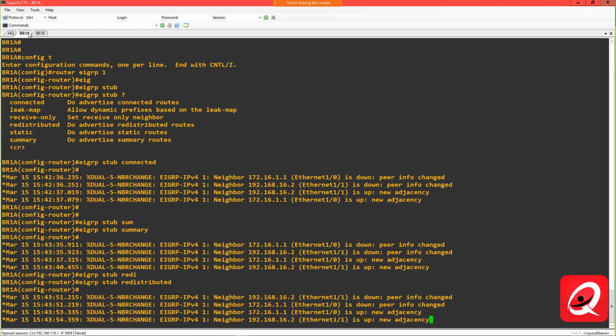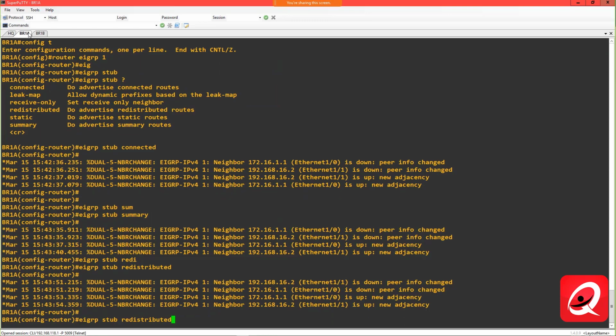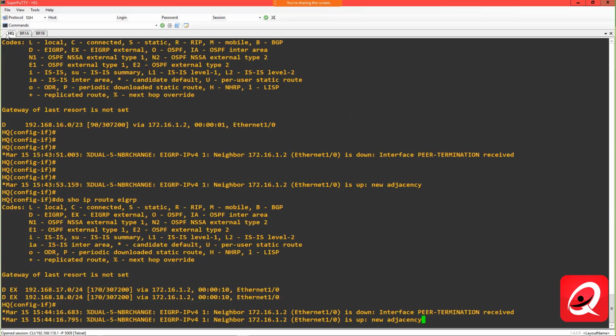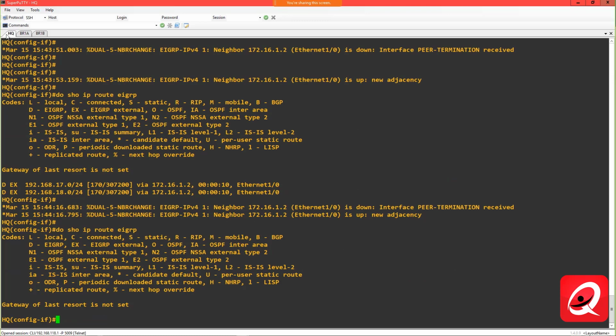If I did receive-only, for example, then I would suspect that on HQ I'm not going to receive any routes. So I might just put in a static route here on HQ to point to BR1A. I still want to have the adjacency because I still want to be able to maintain it.